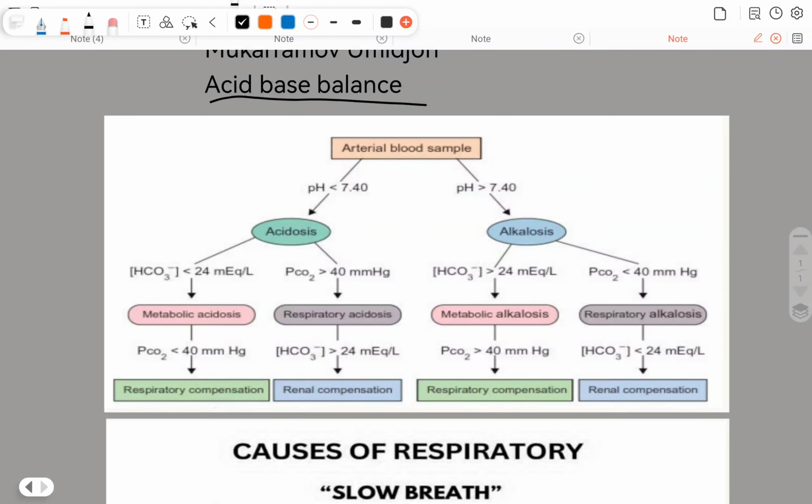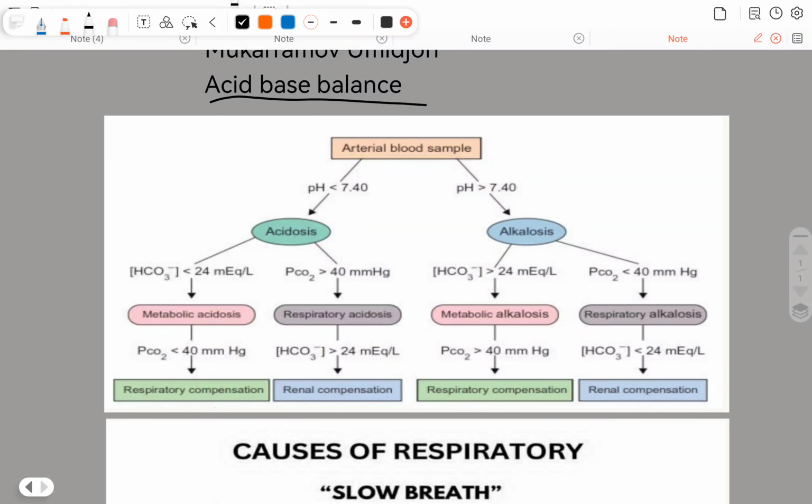In fact, acid-base balance is measured by pH. The normal pH in our blood is around 7.40.